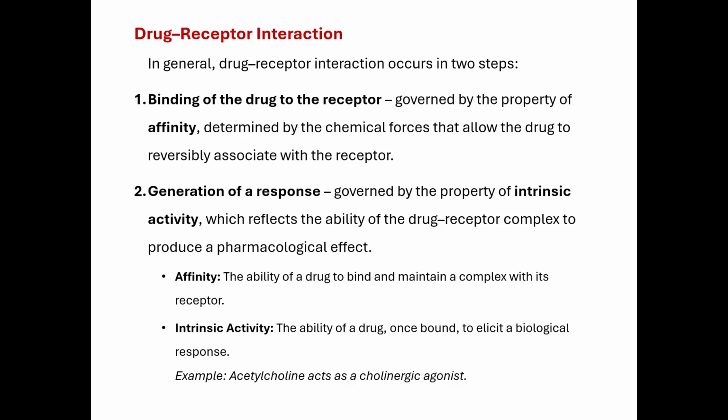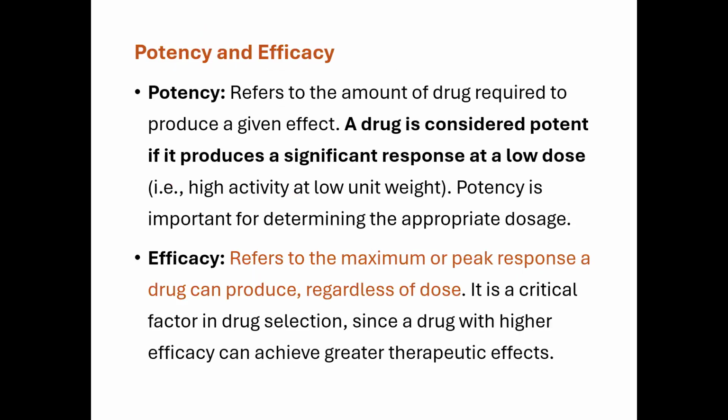Agonists have both affinity and intrinsic activity. However, antagonists can bind, but we don't see any intrinsic activity. So that takes us to potency and efficacy. Potency refers to the amount of the drug required to produce a given effect.